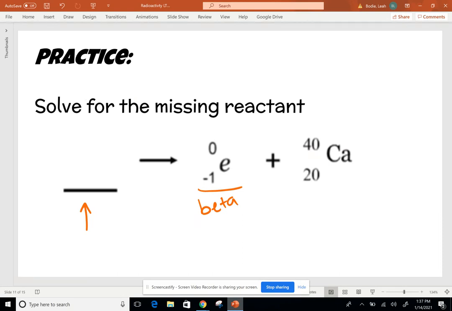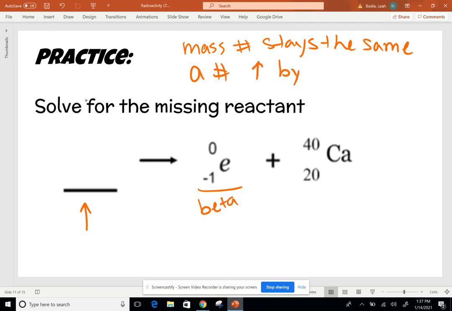And so remember, with beta decay, our mass number stays the same, and our atomic number is going to increase by 1. Since we know our mass number is going to stay the same, we can look at the mass number of our products here, 40 plus 0, that's 40.